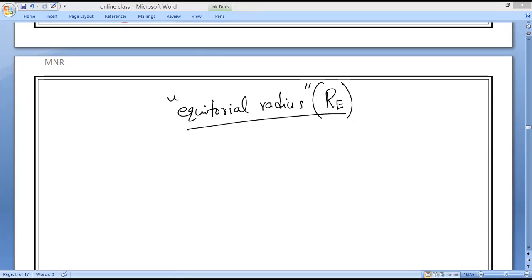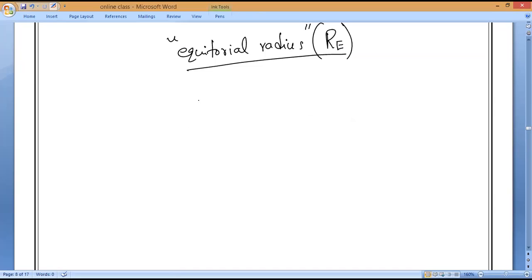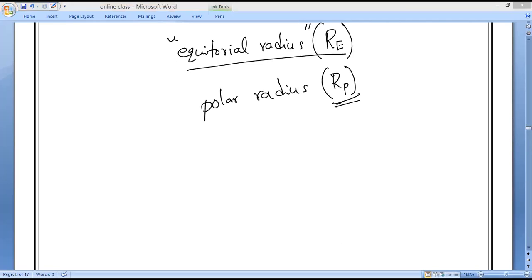What is it called? Also called polar radius. What is the symbol of polar radius? Mr. Arun Kailash, Kaushik, symbol of polar radius. RP, symbol of polar radius. RP. That is what it is.